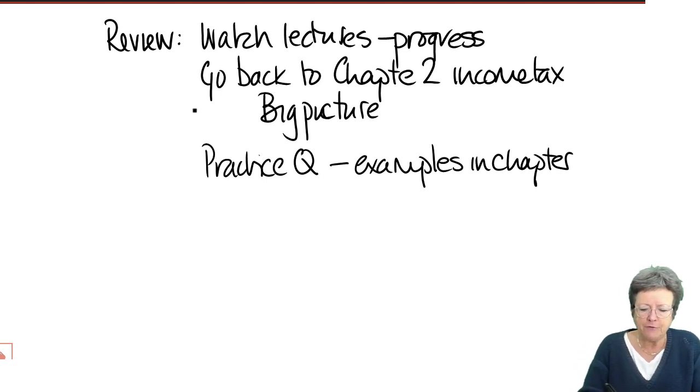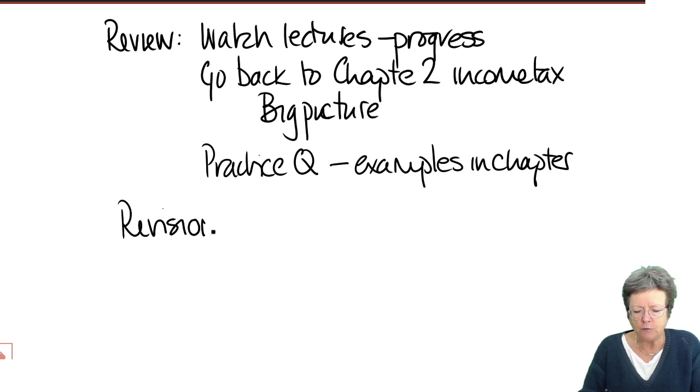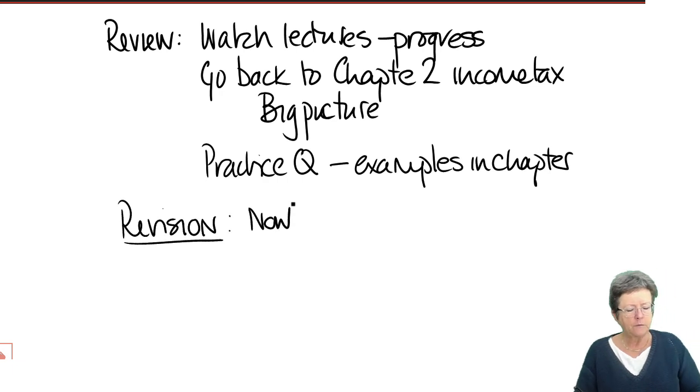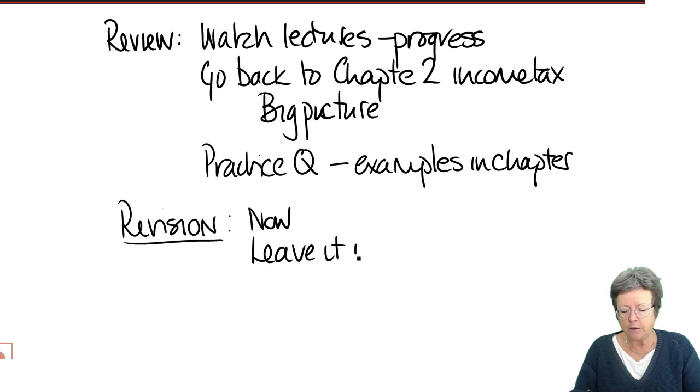Now, after you've done that, you've got a choice. You can either do some revision now, if you want, or you can leave it until a couple of weeks before the exam.